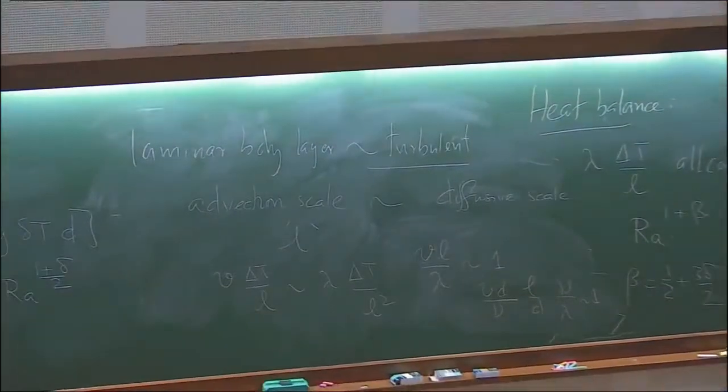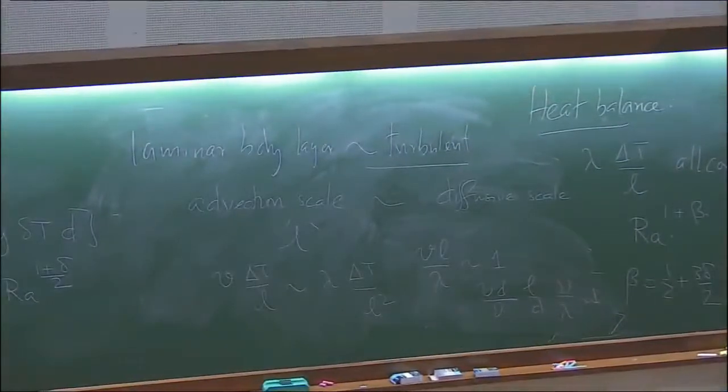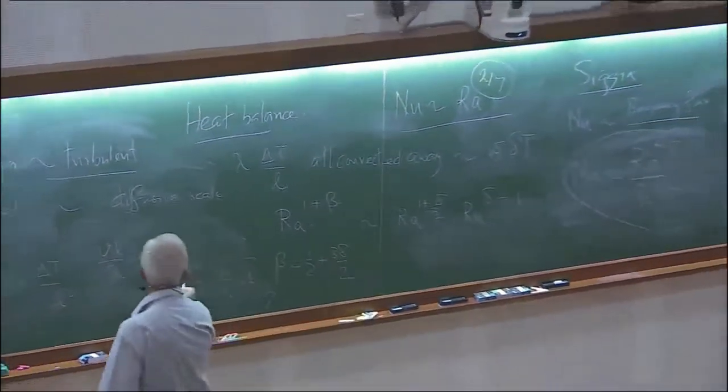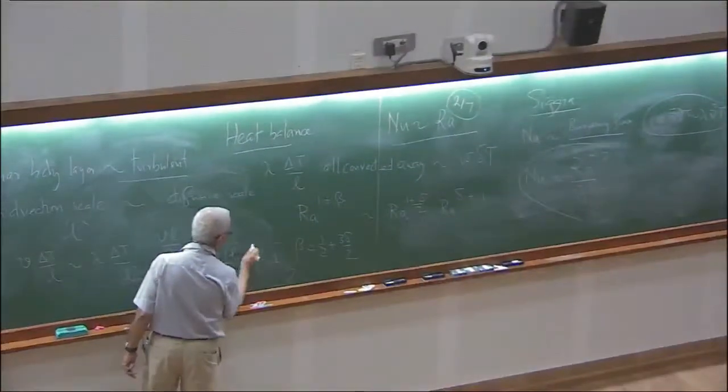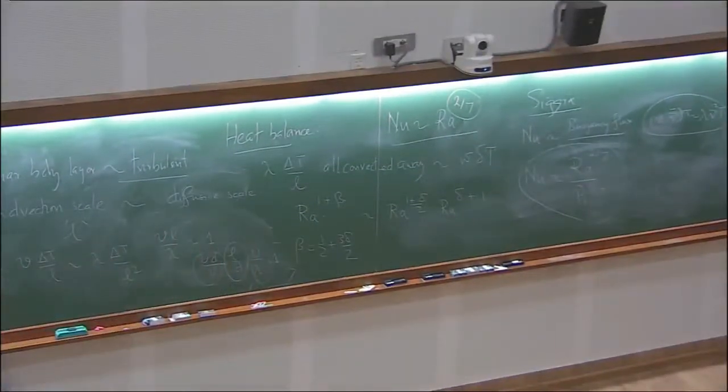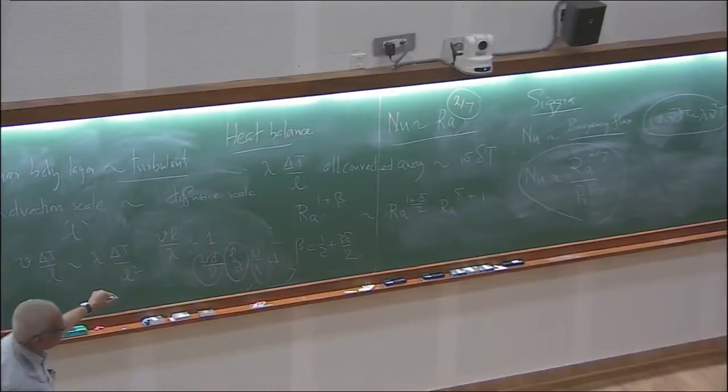relation, just as this gave you a relation between Nusselt, Reynolds, and Prandtl. Over here, once again, you have Reynolds, Nusselt, Prandtl, and so you have a relation between these three.